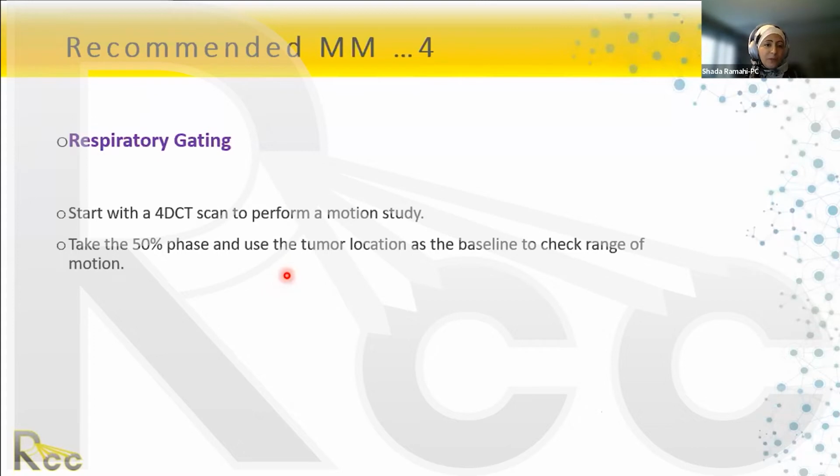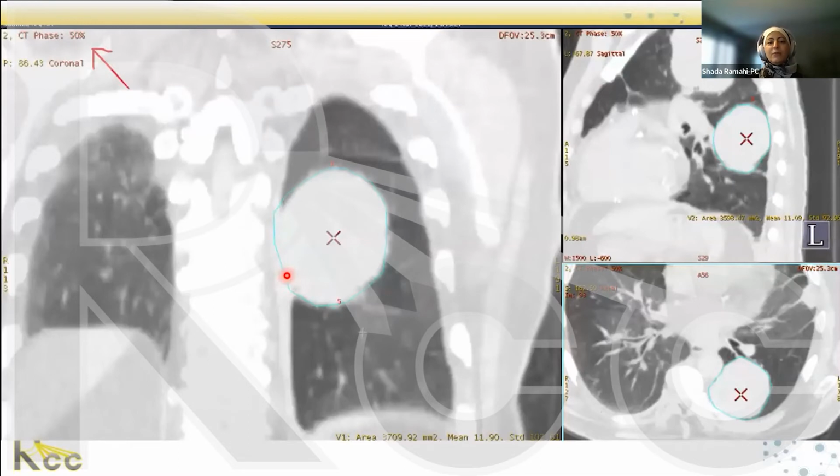So again, respiratory gating starts with a 4D CT scan, right? We need to see the tumor moving, first of all, before we say, is it moving 5 millimeter or less? We do a full phase scan, meaning 10 phases, to capture any motion that is not up and down motion. And then we take the 50% as our baseline, and we explain that 50% has the least artifacts.